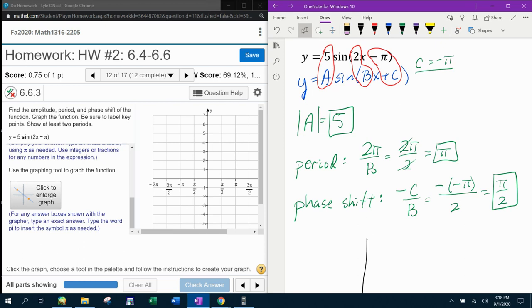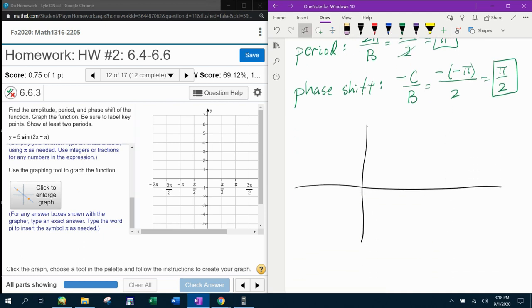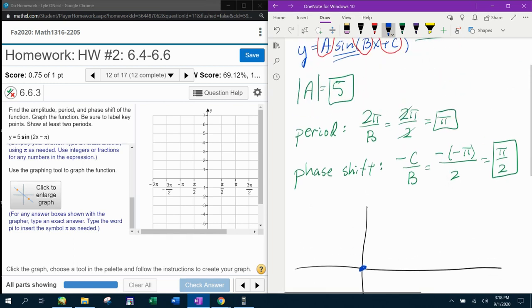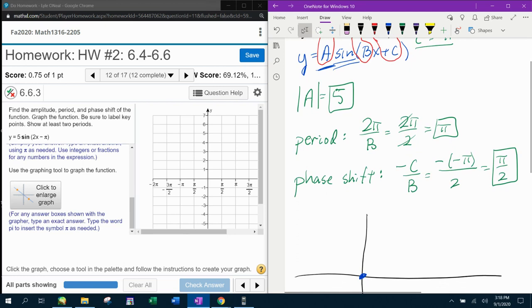Step number 1 is the starting point, and the starting point is determined by your trig function. So sine always starts at the origin. Cosine would start at the value of a, whatever a is. So our starting point is going to be at the origin because we have a sine function. That's step number 1. Step number 2 is phase shift, okay?